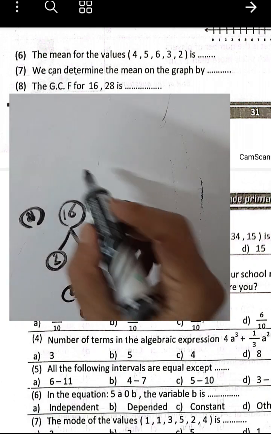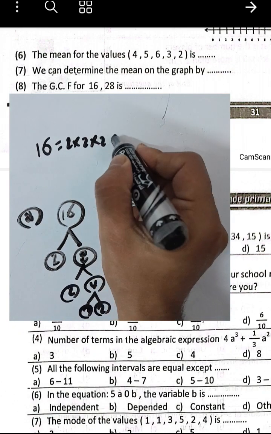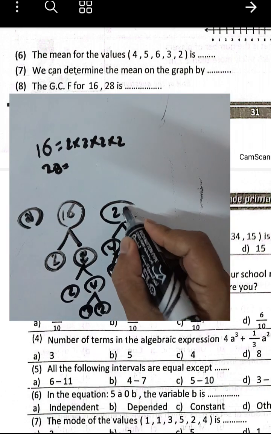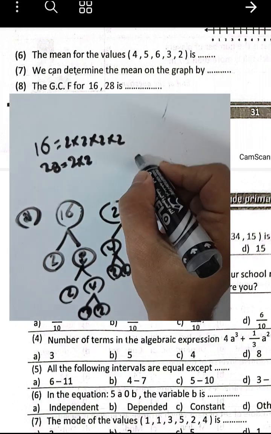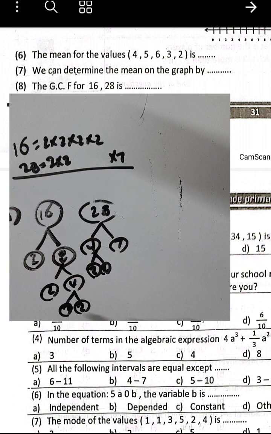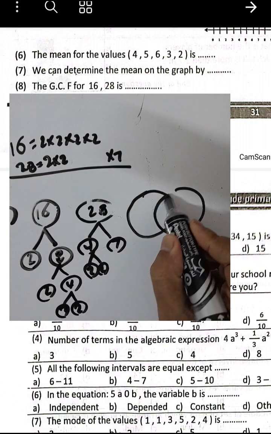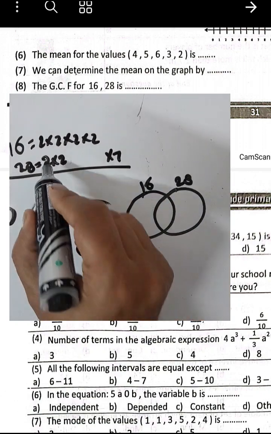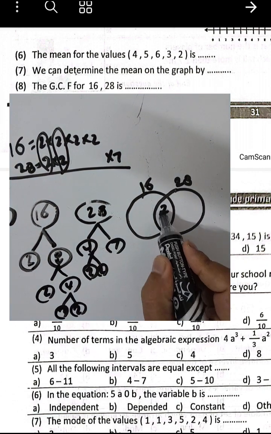We can write 16 equals 2 times 2 times 2 times 2. And 28 equals 2 times 2 times 7. The common prime factors between 16 and 28 are 2 and 2.